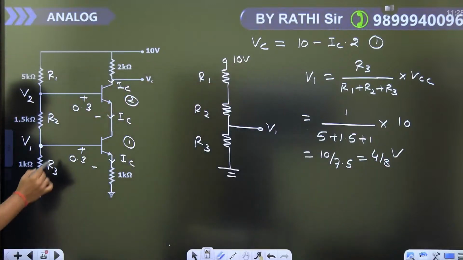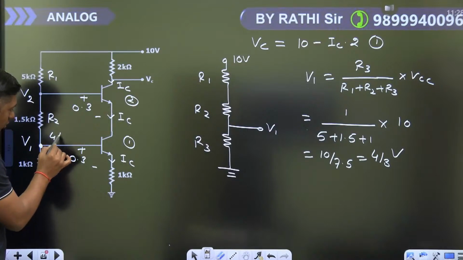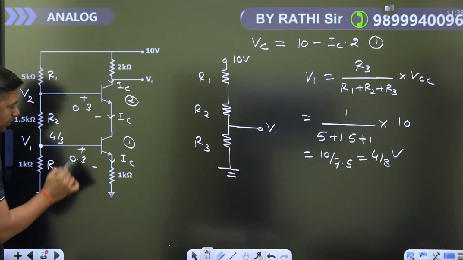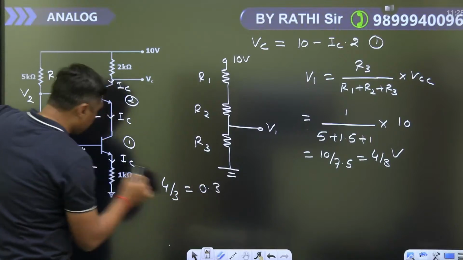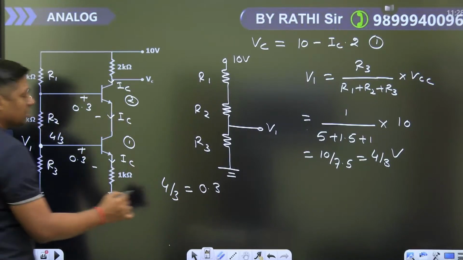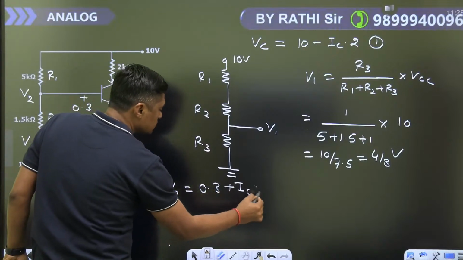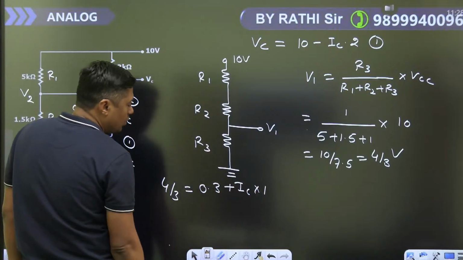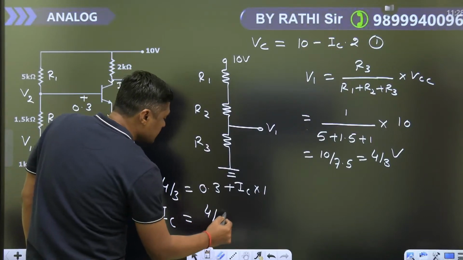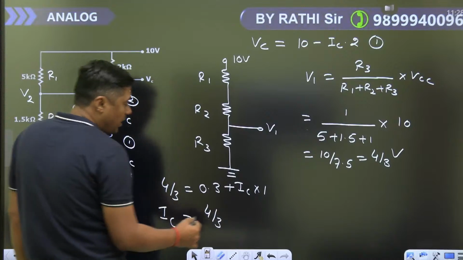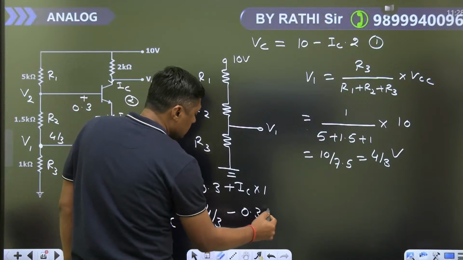Now, write down the KVL. This is the 4 by 3 volt. So, 4 by 3 is equal to 0.3, that is the VB, plus IC into 1 kilo ohm. So, what is the IC? IC is 4 by 3 minus 0.3 divided by 1.